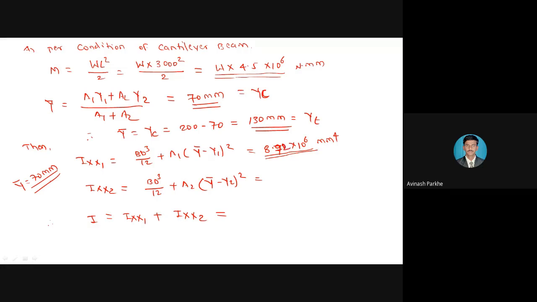Maybe it depends upon the number of digits. Whatever we are considering for the calculation, we'll consider 8.72 into 10 raised to 6. 8.91 is also accepted, 8.75 is also accepted, 8.72 and 8.73 are also accepted. It depends upon the number of digits you are taking for the calculation. Somewhat you will get 8.91. It is correct. Now calculate Ixx2.